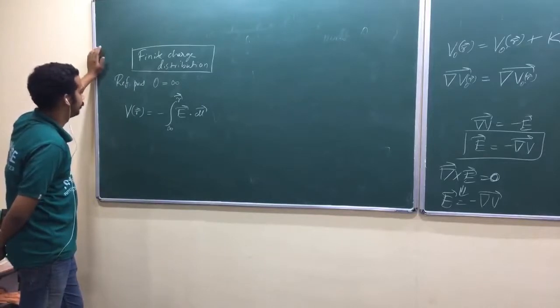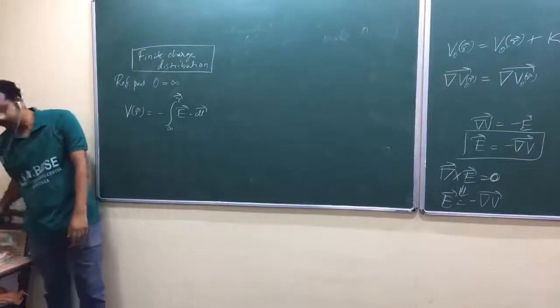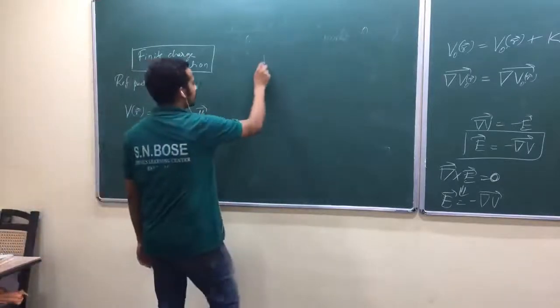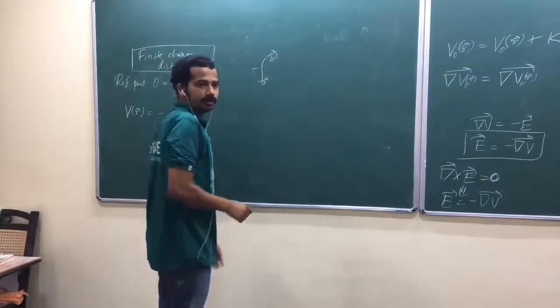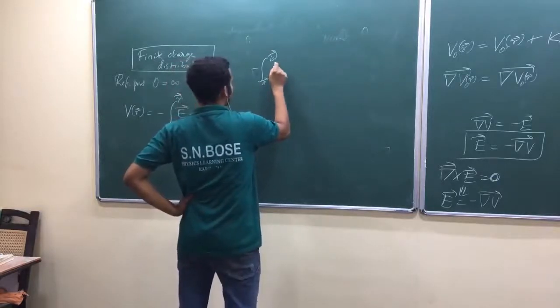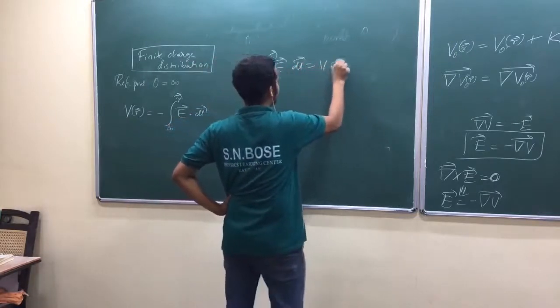Wait a second. So now, next, I had written one more definition, minus a to b, E bar dot dl bar, that was equal to V of b minus V of a.